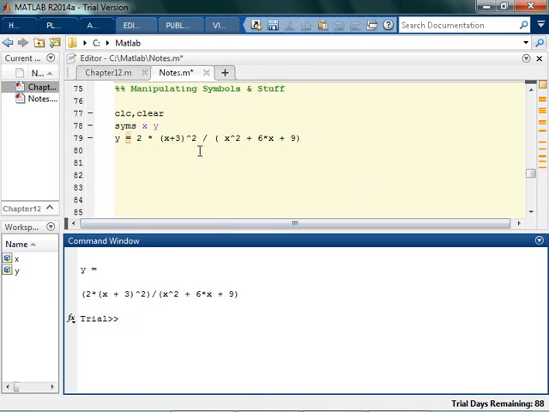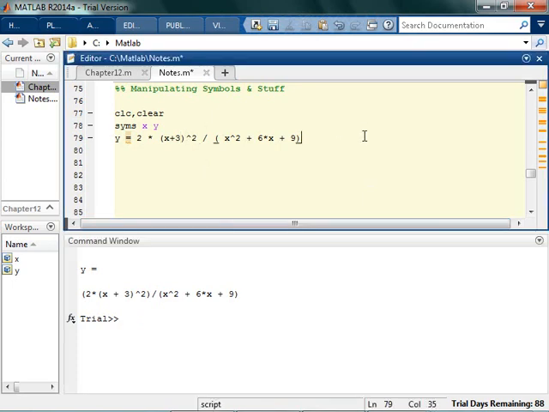But some super secret part of you should be like, wait a second, because what this looks like is 2 times (x plus 3) squared, and then on the bottom, x squared plus 6x plus 9.